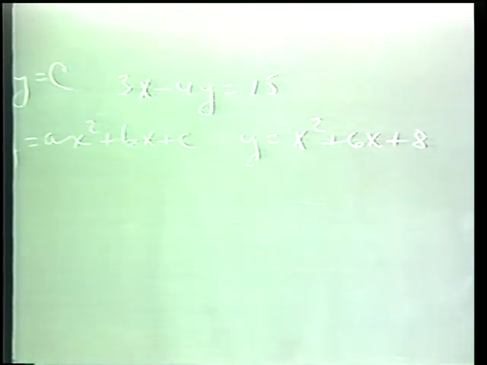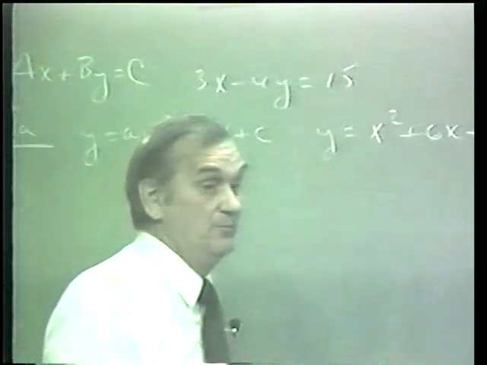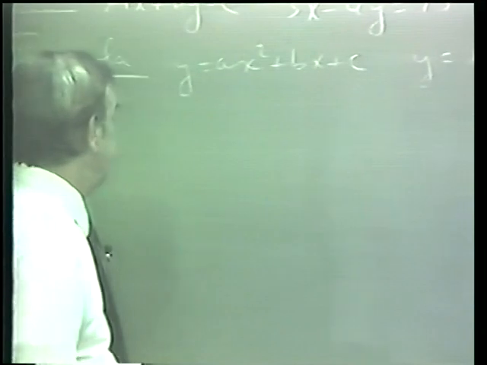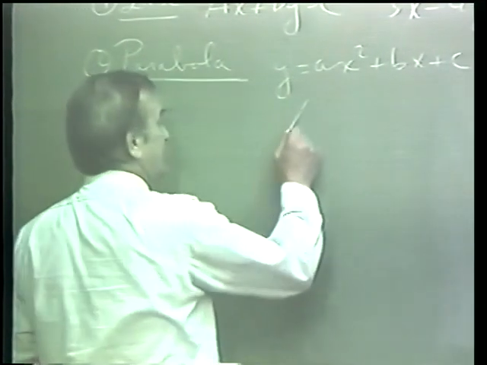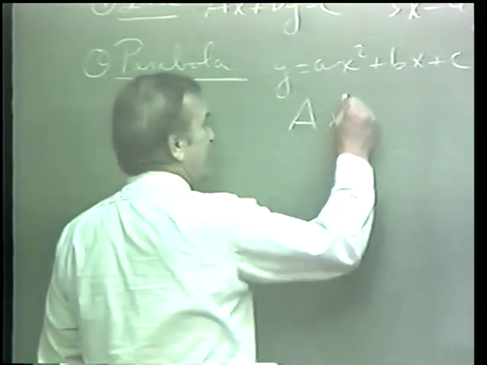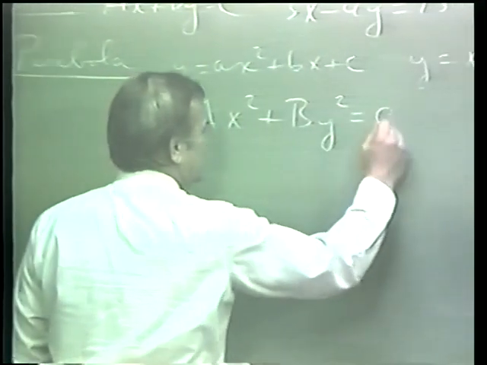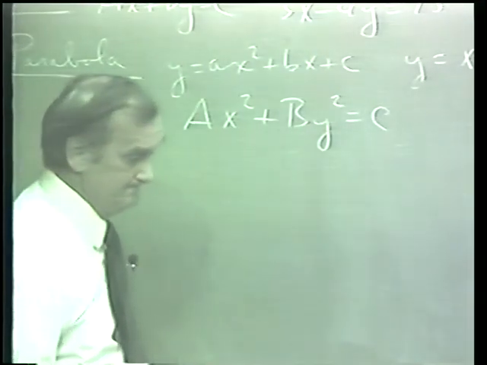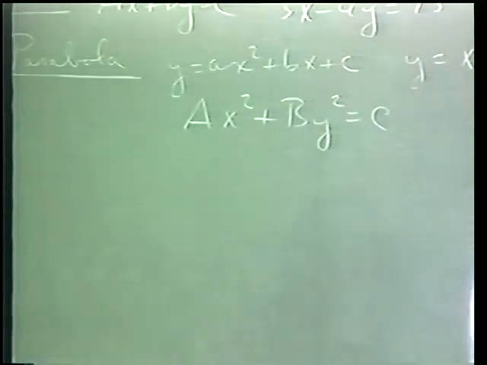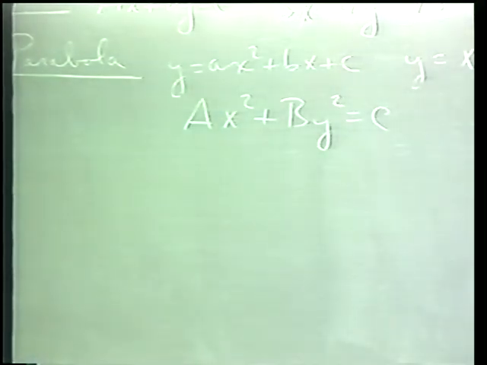Now today, we're going to talk about 5 more geometric figures. 5 more. But all 5 of them will come out of the general form of ax squared plus by squared equal c.